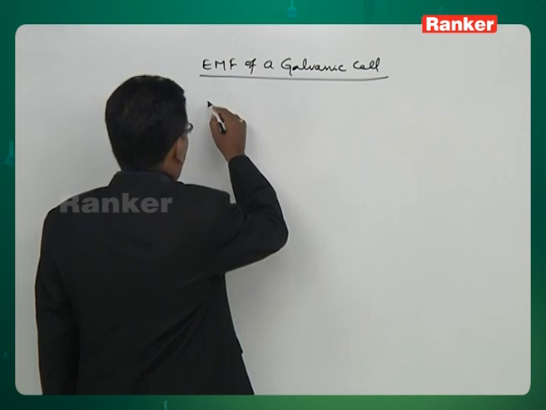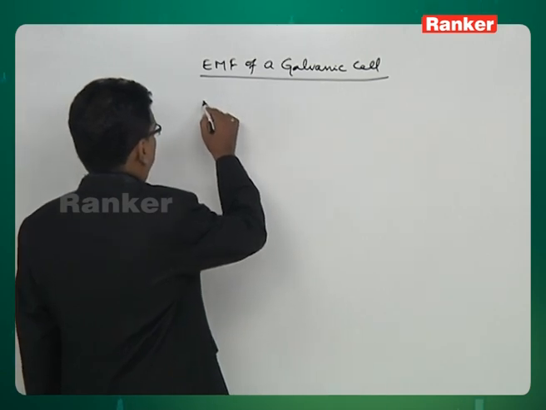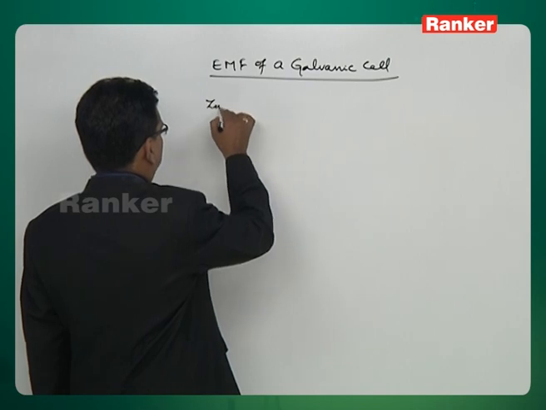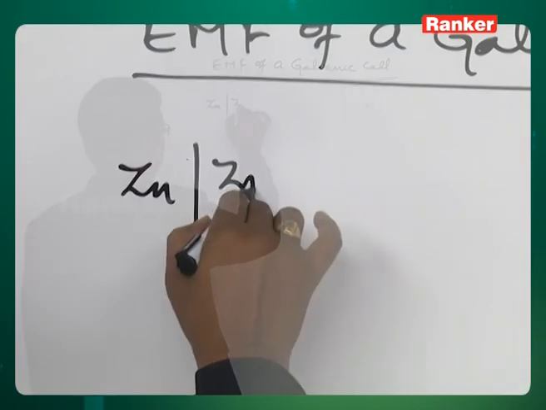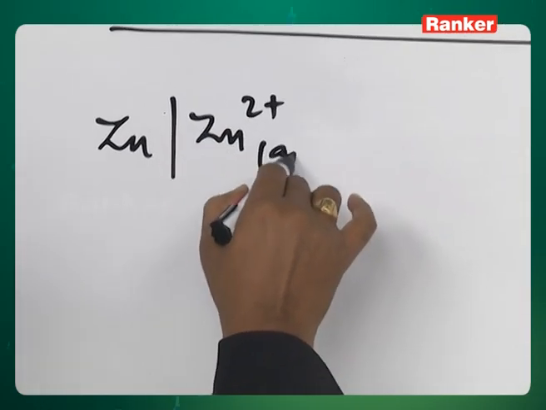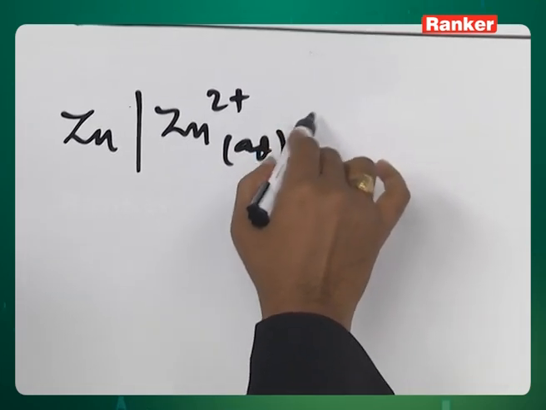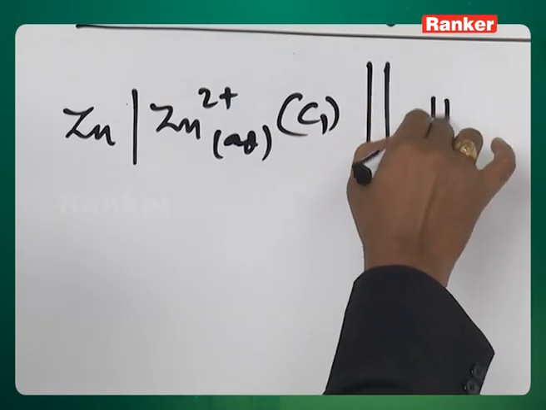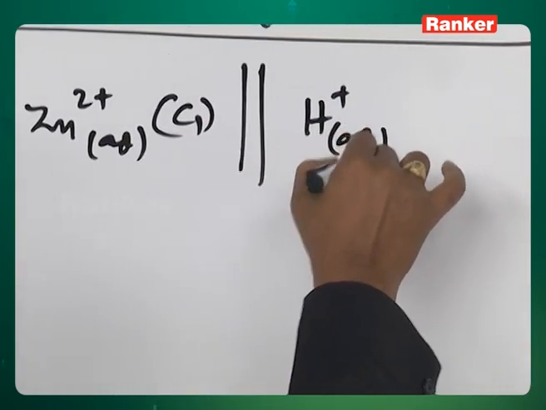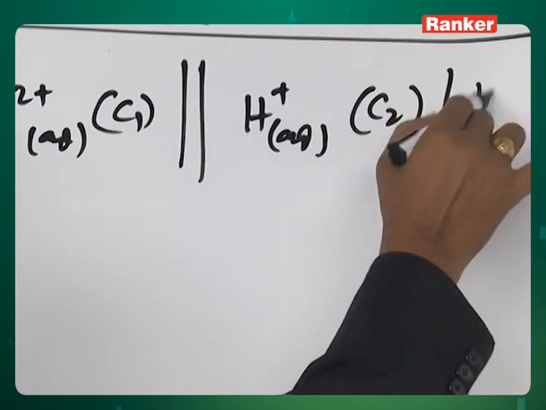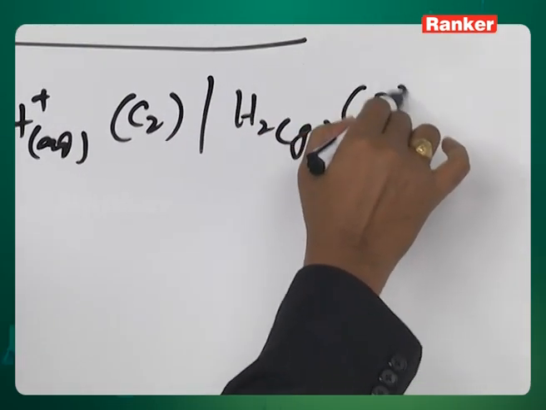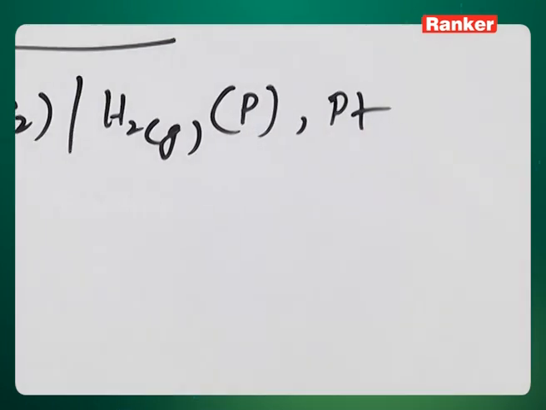Now, again using a hydrogen electrode, suppose you have a complete galvanic cell given like this: Zn2+ aqueous of a certain concentration C1, hydrogen ion aqueous concentration C2, hydrogen gas at pressure P with platinum.